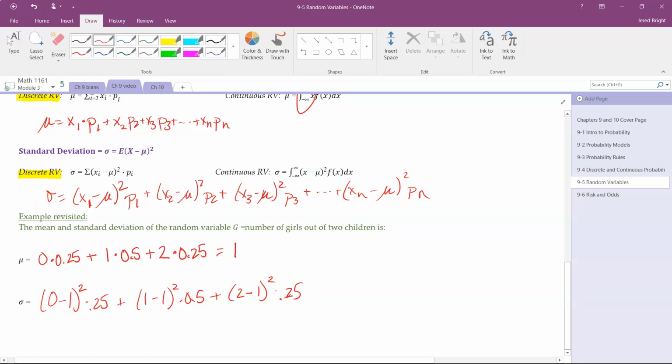Now I can do the math on this, and I get 0.5. That just tells us I expect 1, and then there could be a half of a kid in either direction, and then you raise your eyebrow. But that's just the units that we have. So I wanted you to be aware of a random variable and how to calculate its mean and standard deviation, because we'll see an example or two in our activities.